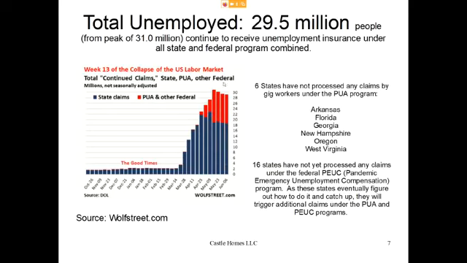One thing to note, though, is we don't really know how many unemployed people there are because 6 states have not even yet started processing their PUA claims. And we have another 16 states who have not processed any of the emergency unemployment compensation. So once these states actually catch up, we'll have to go back and take a look at these. Hopefully they get updated with the most current information so we can see actually where we're at.